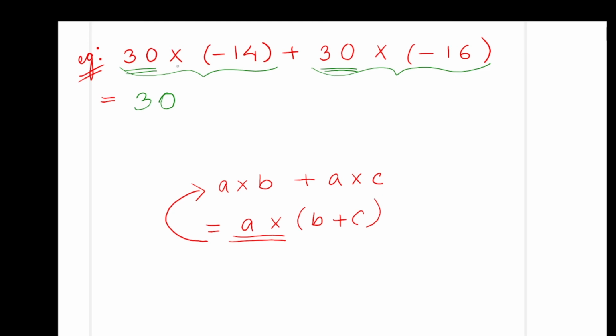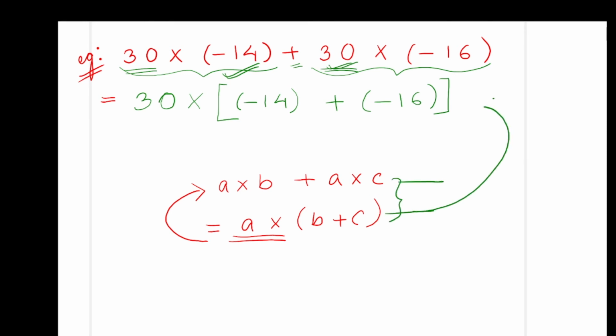When we take a common 30, what will be the remaining term here? Minus 14. Again, when we take 30 from here, the remaining is plus minus 16. You just compare these two lines. This is compared with this and this one is compared with this. Same thing, we are just combining.